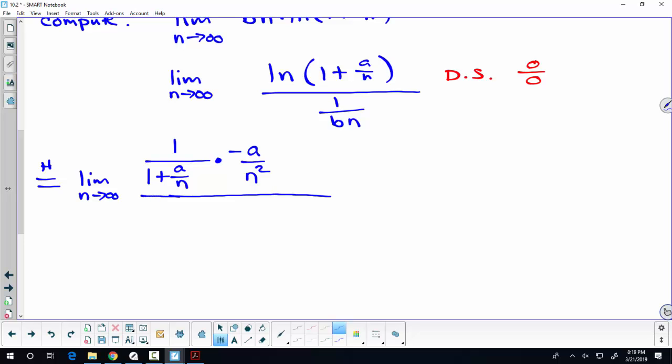And then the derivative of 1 over bn is negative 1 over b times n squared.